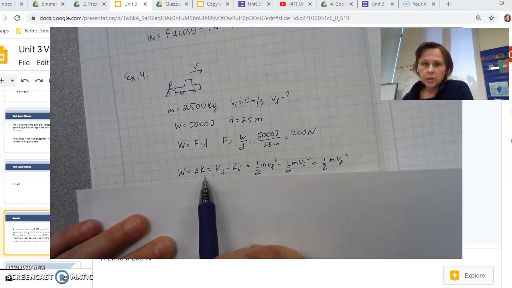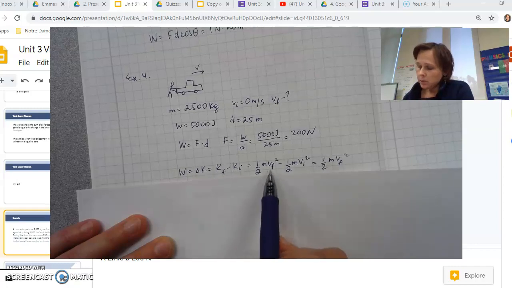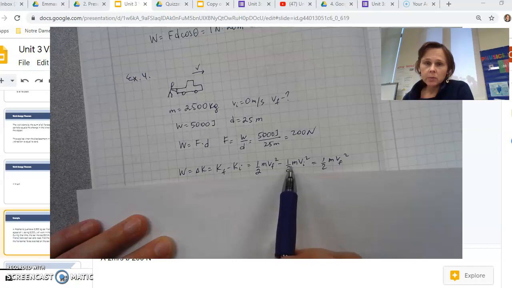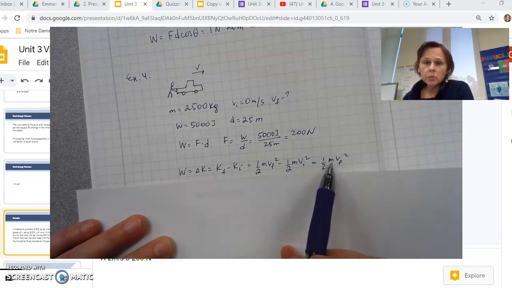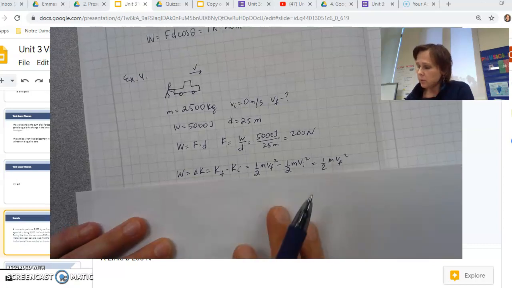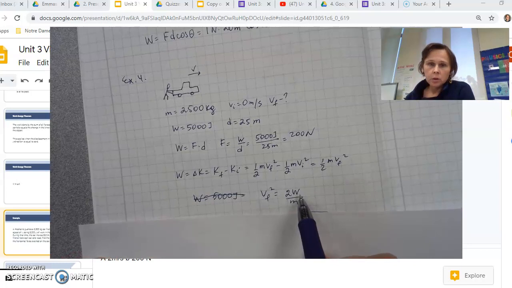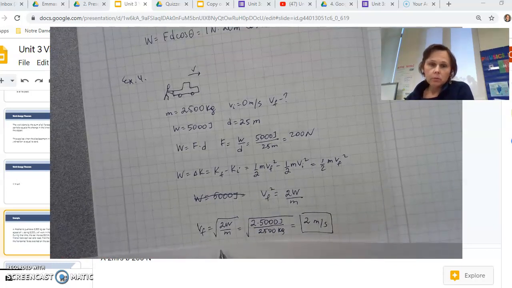The change of kinetic energy is always final kinetic energy minus initial kinetic energy. So in here we have final 1/2 mass times V final squared minus 1/2 mass times V initial squared. V initial is 0, so it's only 1/2 mass times V final squared. And if we want to find V final squared, it's going to be 2 times work divided by mass. And if we take the square root of that, we'll get 2 meters per second.